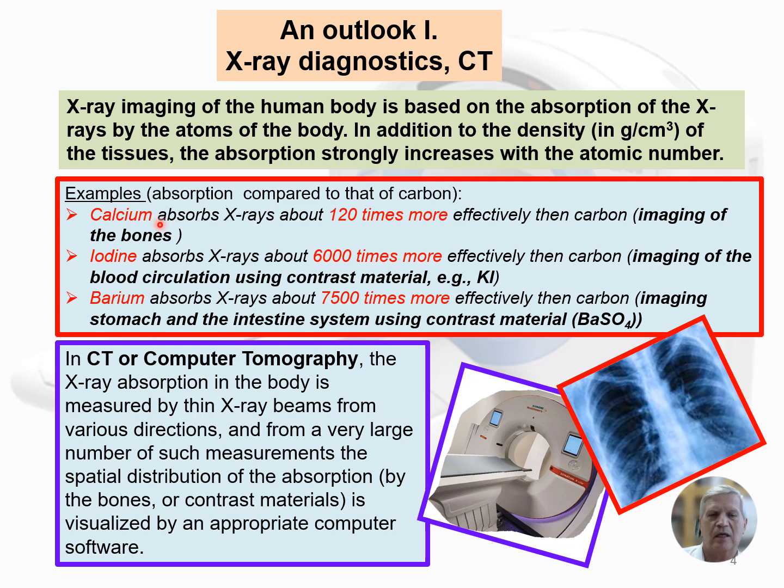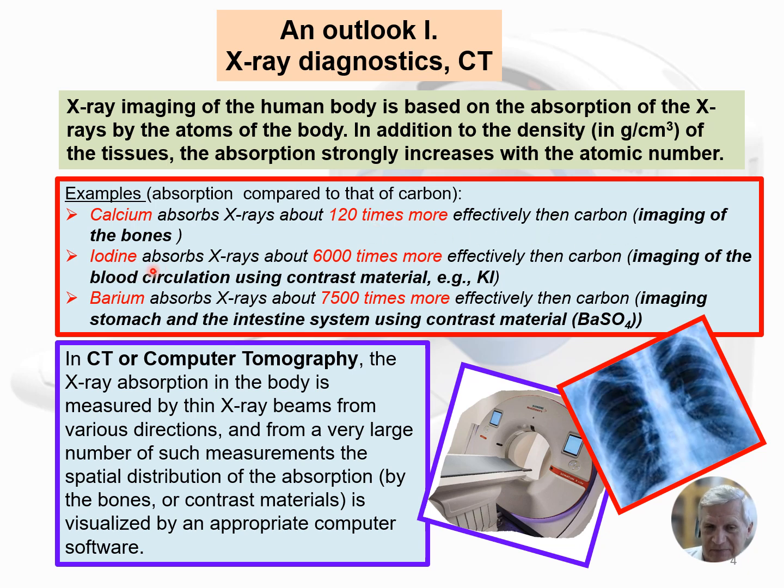So if we compare the absorption ability to that of carbon, then for calcium it is 120 times higher. So the absorption of X-rays is 120 times higher in calcium than in carbon.